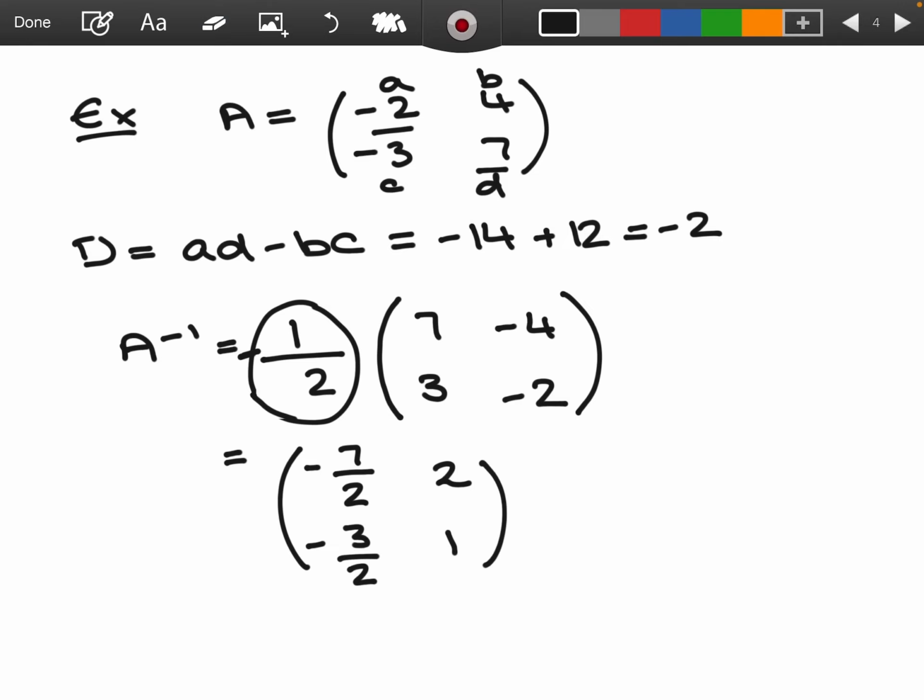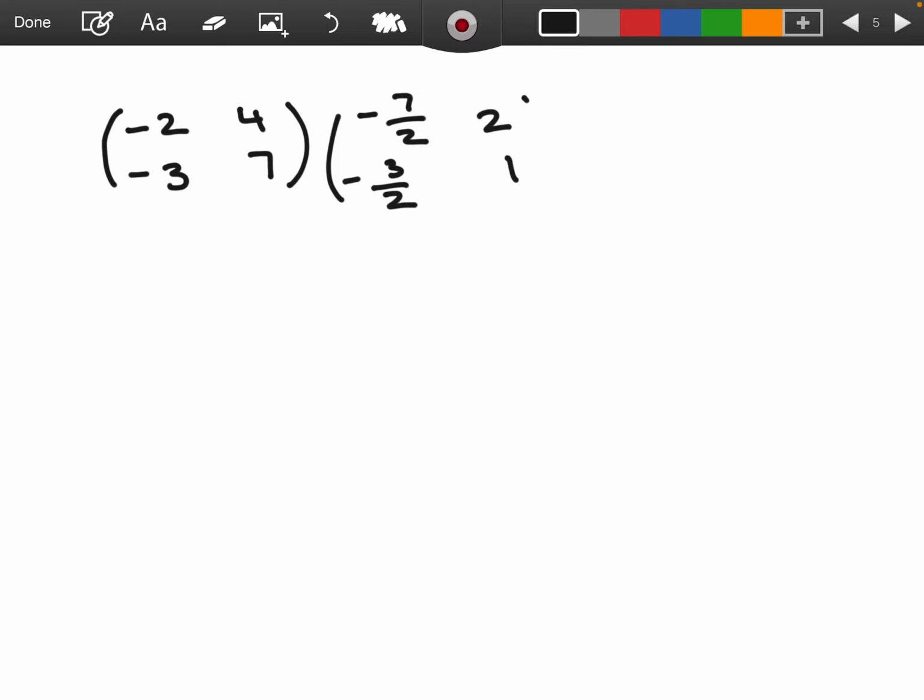Now, I will do this one way just so that we've got it, but you can go ahead and multiply A by A inverse, and similarly A inverse by A, and you should still get that 2 by 2 identity matrix as your solution. So if we do [-2, 4; -3, 7] multiplied by [-7/2, 2; -3/2, 1], I'll do A times A inverse, and you can do A inverse times A to prove the point.